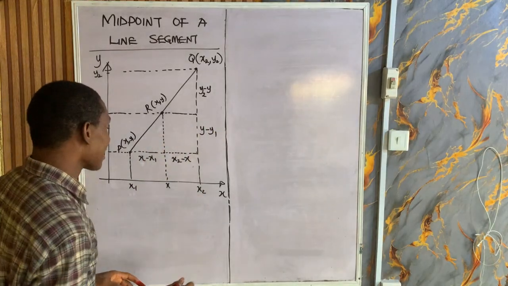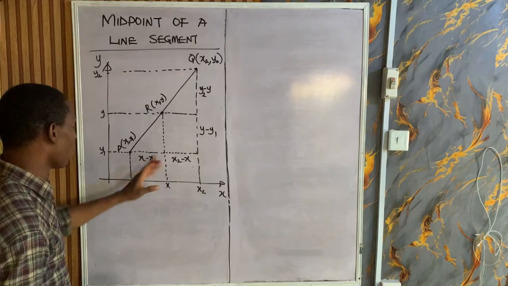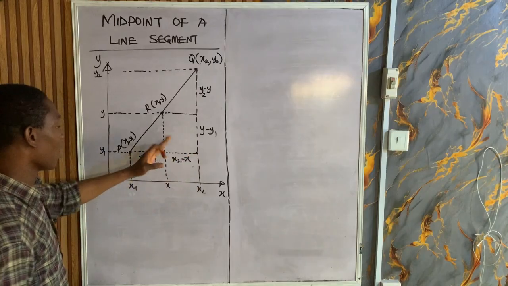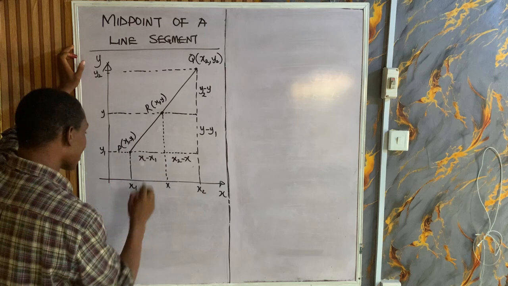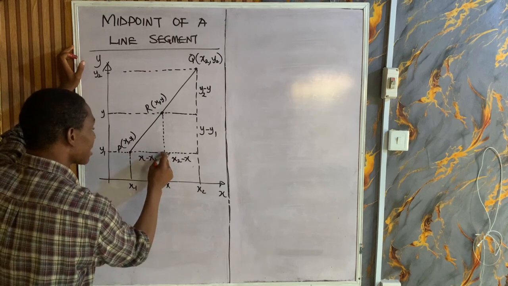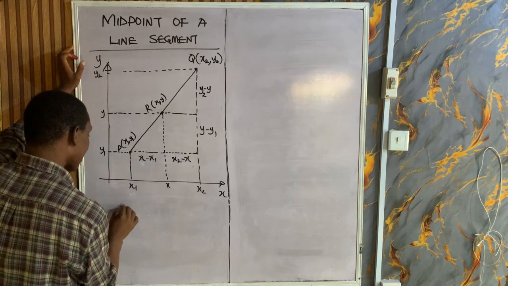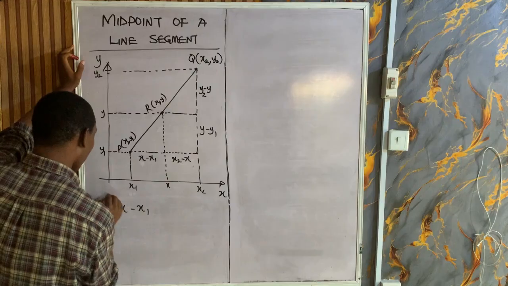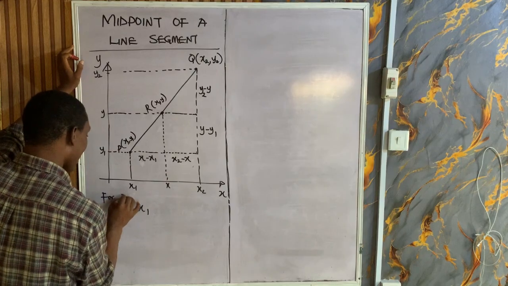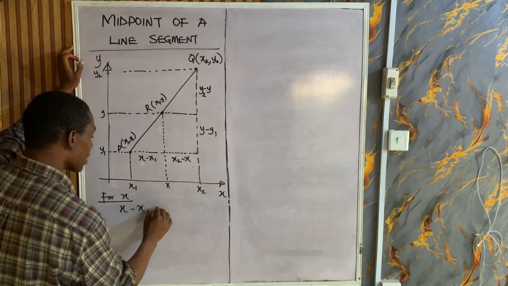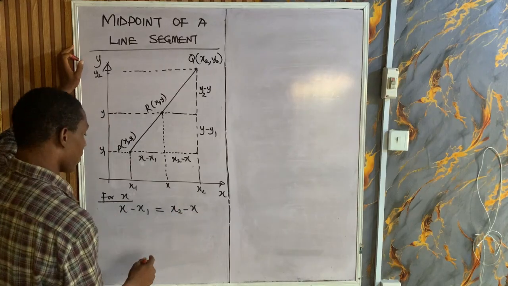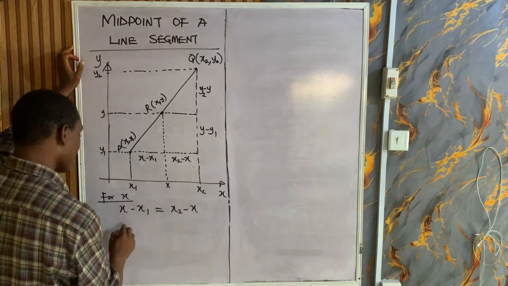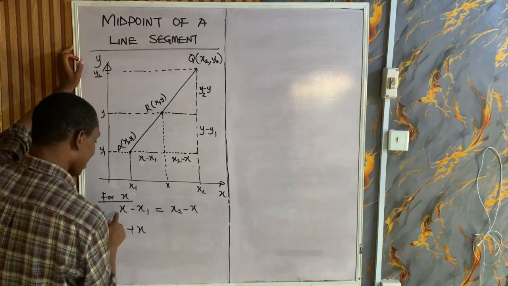Now, the point is that it is the midpoint. This is the middle of this line horizontally. It simply means that the distance from here to here should be the distance from here to here. Meaning that x minus x1 is equal to x2 minus x. And if you bring x to this side, it will be x plus x, because there's a x here before.